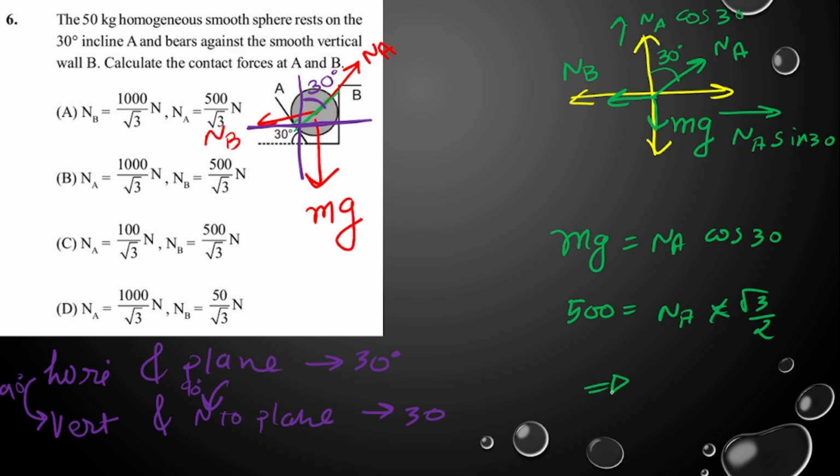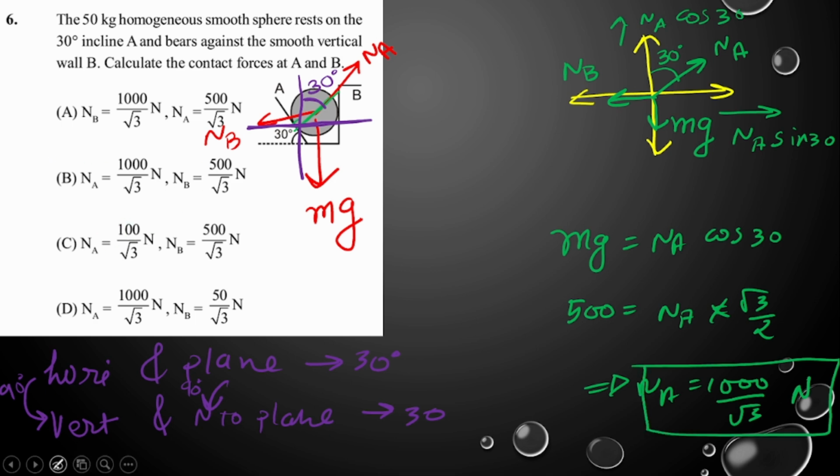So NA comes out as NA is equals to 1000 by root 3 newtons. So from here we can say either option B, 1000 by root 3, or option D, 1000 by root 3.